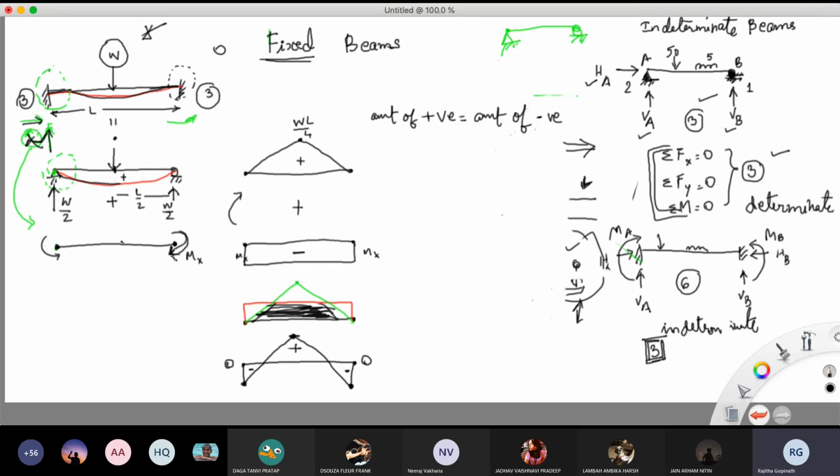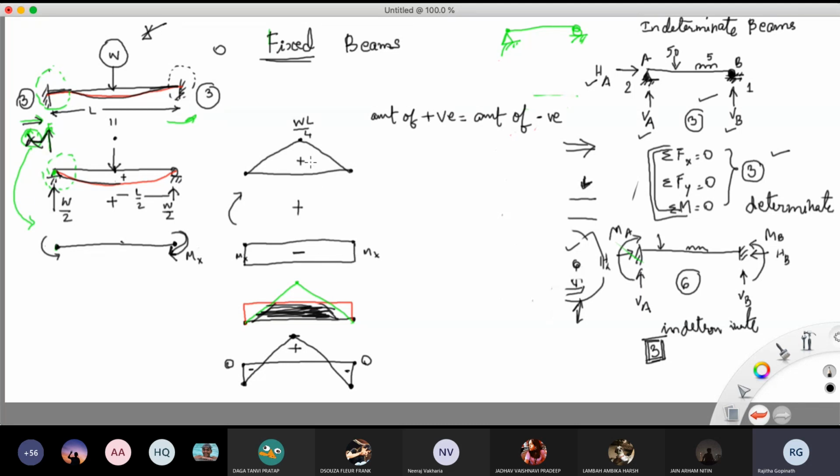Counter, so equal and opposite reaction के वजह से, we can assume that the positive moment, the sagging moment that is applied, is equal to the negative moment, the hogging moment. ठीक है?